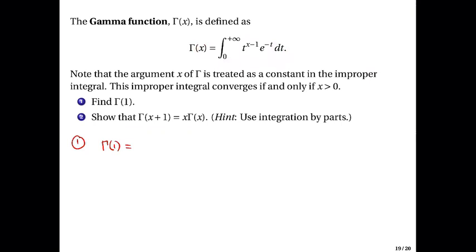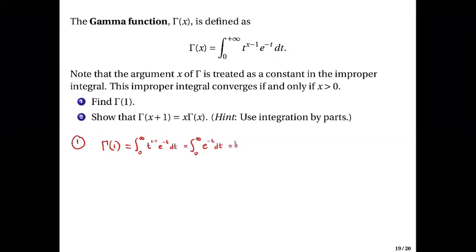So, gamma of 1 is the integral from 0 to plus infinity of t to the 1 minus 1, e raised to negative t dt. t to the 1 minus 1 is just t to the 0, which is 1. So this is just the integral from 0 to plus infinity of e to the minus t dt.